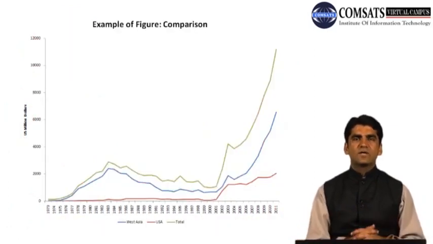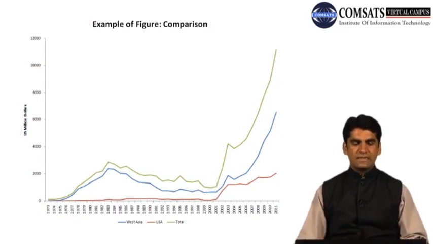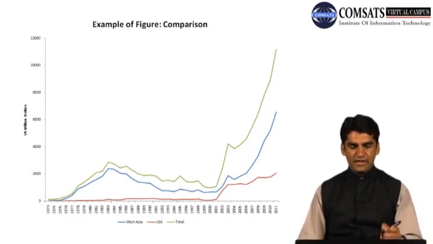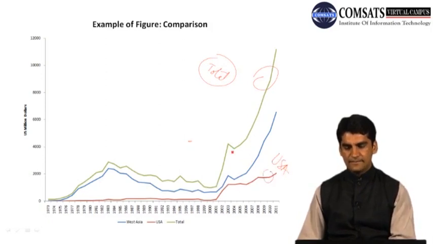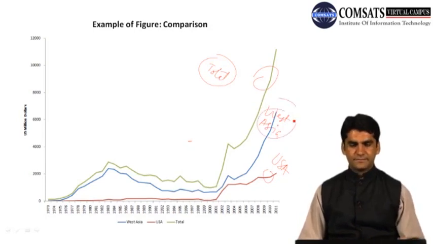This is how you make your graph. For example, if you are going to do a comparative graph, why do I call it a comparative graph? Because if you look at the various colors of lines, this green line is total, this red line is USA, and this blue line is West Asia.